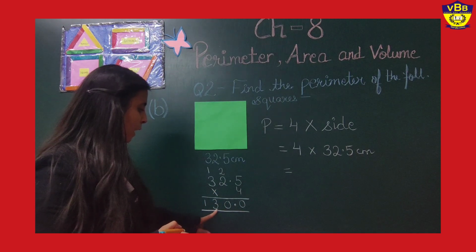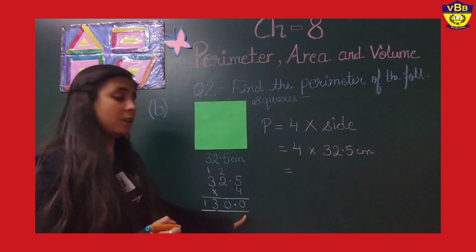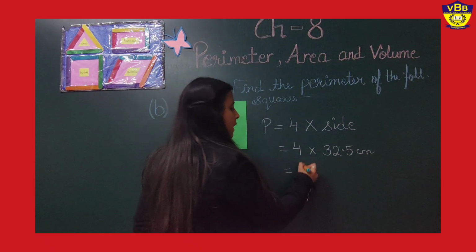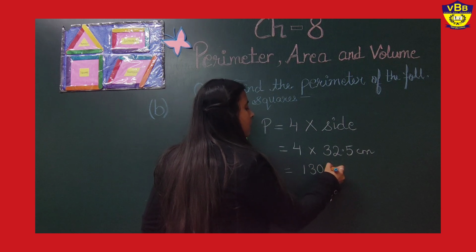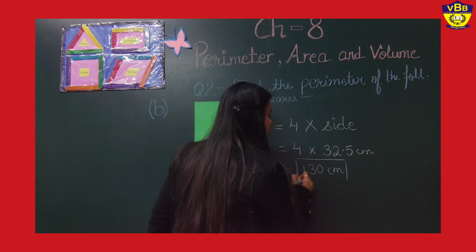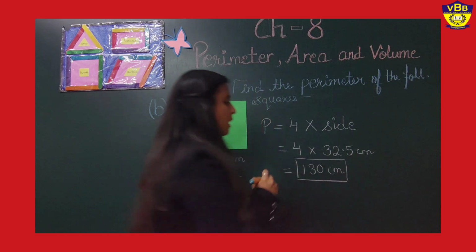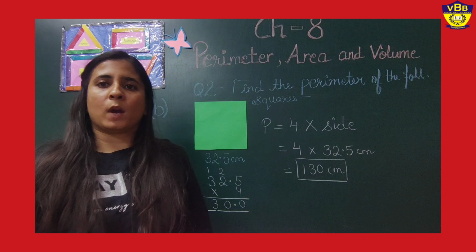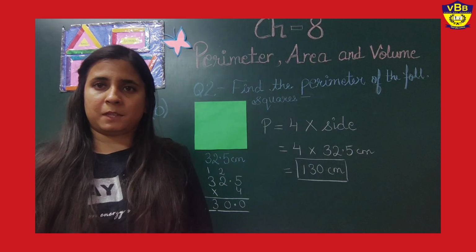So it becomes 130.0. That means the perimeter of square is 130 centimeter. After decimal point 0 is there, it is not required, it becomes a whole number. So the perimeter of the square comes 130 centimeter.